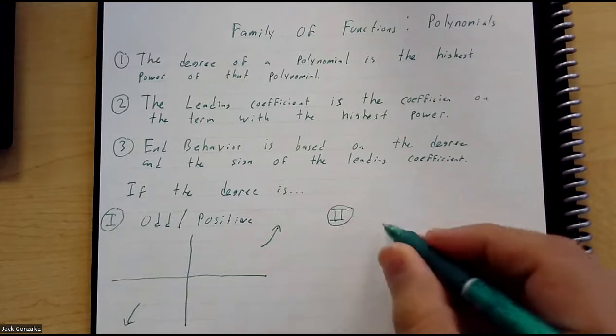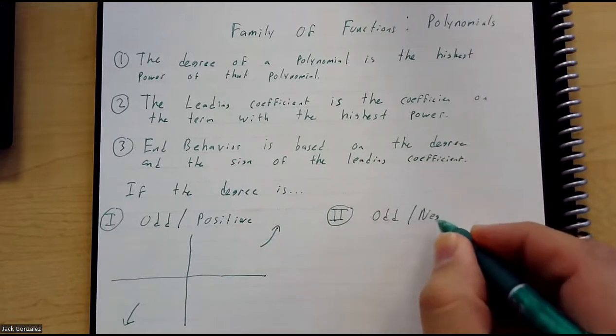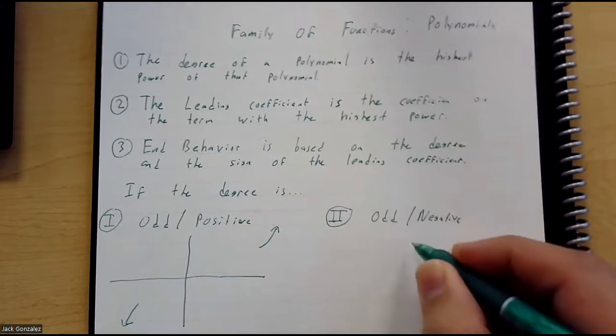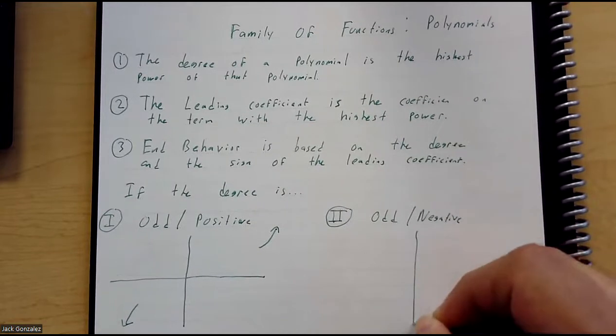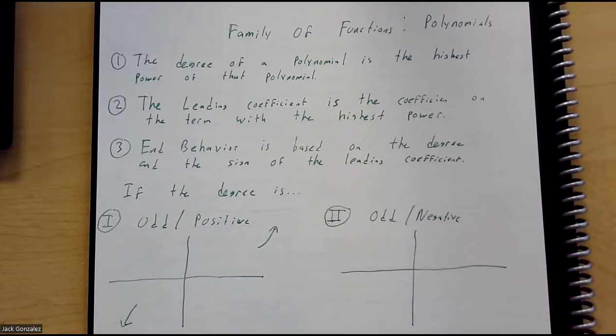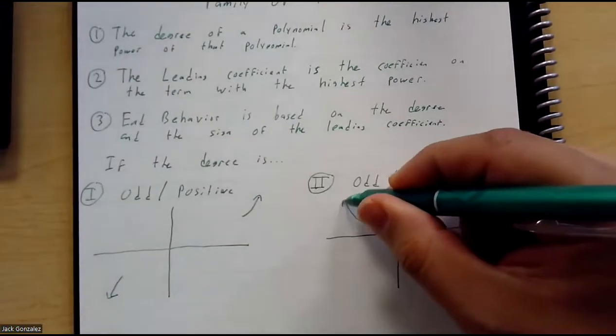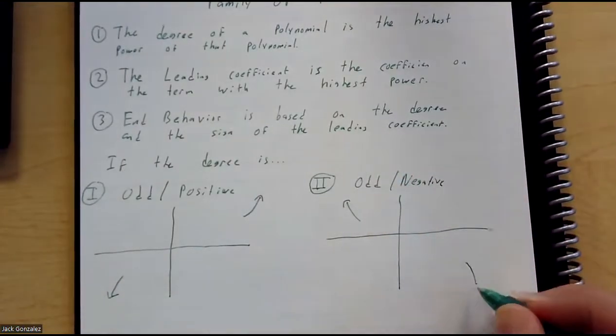Number 2, let's say it is odd but negative. Just swap the directions. If it's odd and negative, it'll be going up this way and down over here.